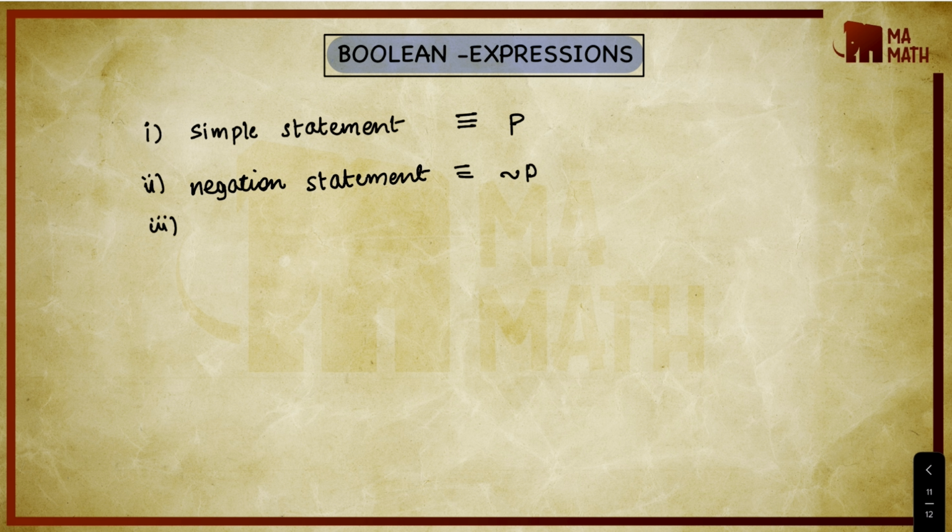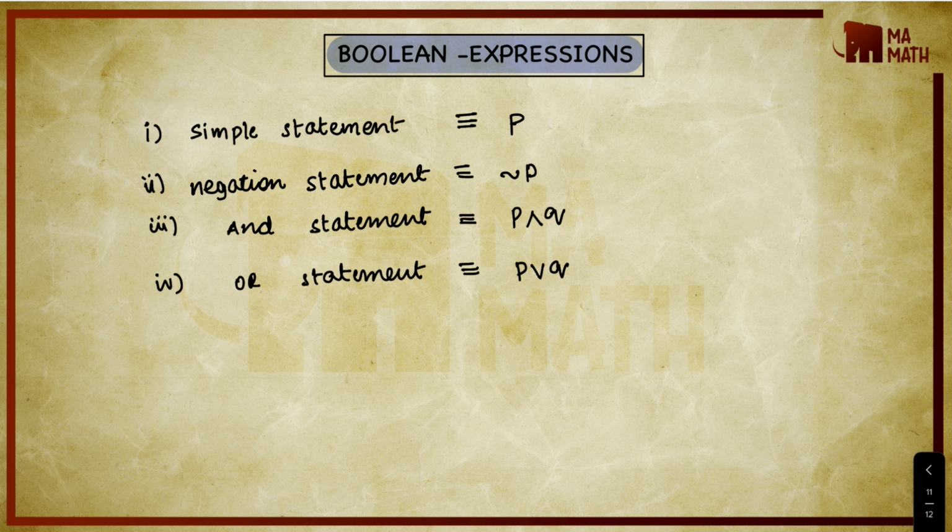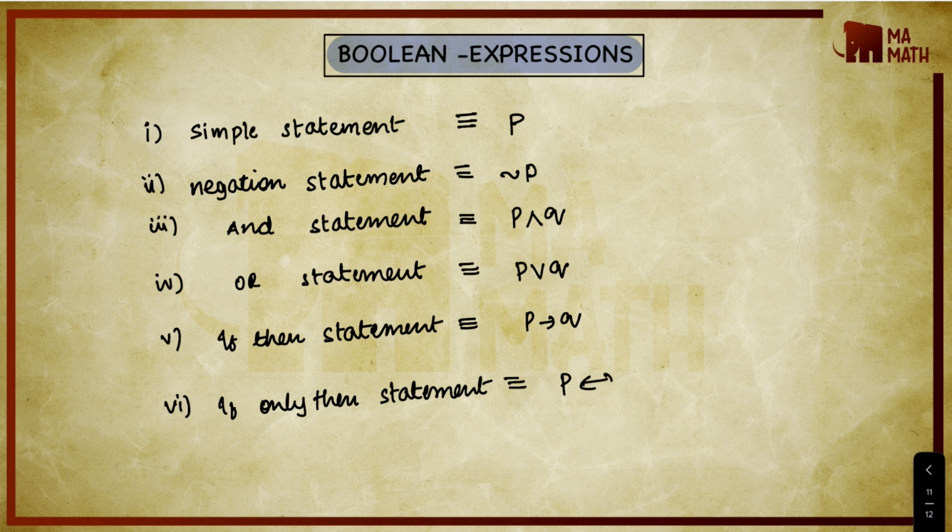We have the AND statement, which is simply a connection between two statements, P and Q. We also have the OR statement, which is simply an upward V symbol, P V Q. We have the if-then statement, which is simply an arrow towards Q, if P then Q. We also have the if-and-only-if statement, which is an arrow on both sides for P and Q, if P only then Q. So kids, these are some different expressions we have to express statements, which will be very useful when we do arithmetic with statements. We will learn a lot more about these in detail in coming classes and how to use them.